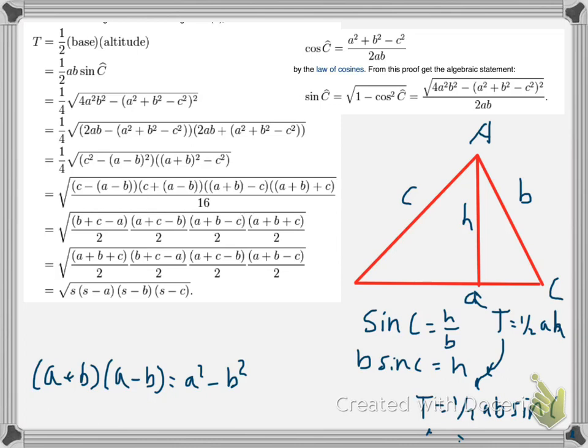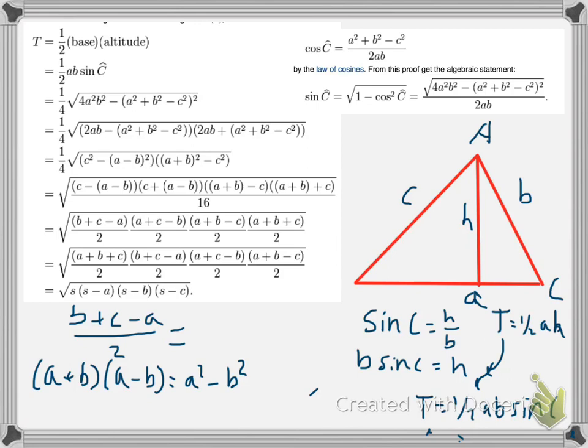Since we know that s is a plus b plus c over 2, let's take, for example, the second term right here, b plus c minus a over 2, which equals s minus a, because we'll just add and subtract.